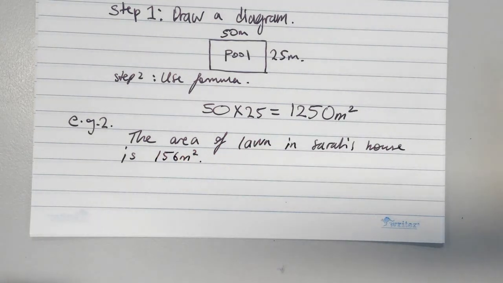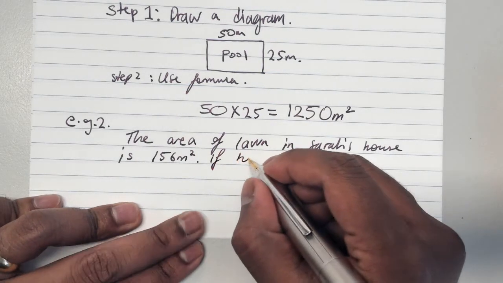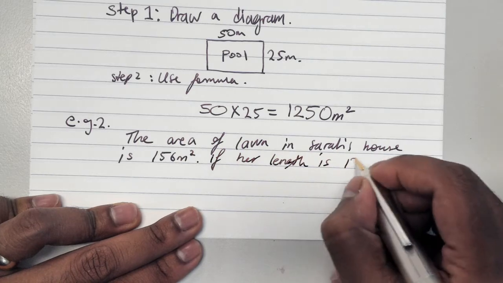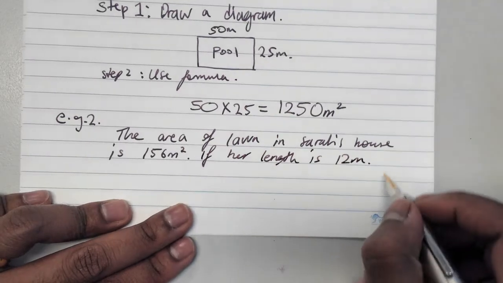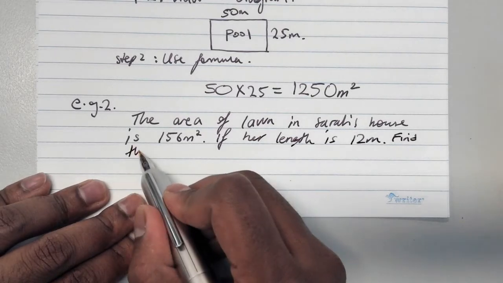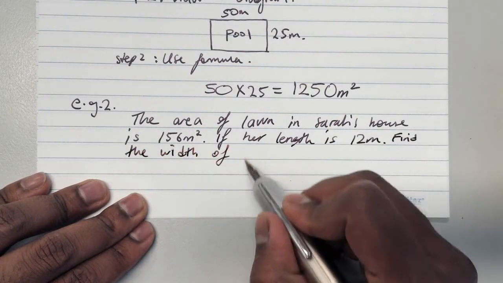Right, the area of lawn in Sarah's house is 156 square meters. If her length is 12 meters, find the width of her lawn.